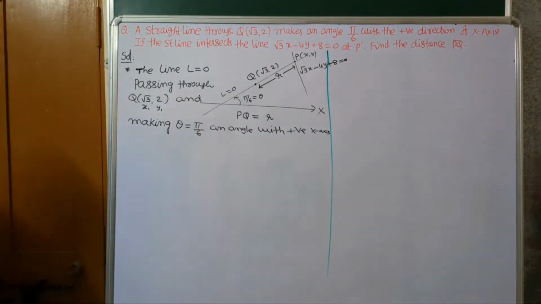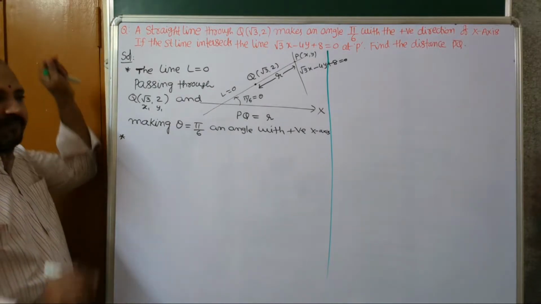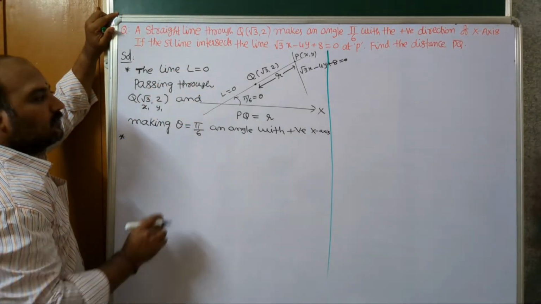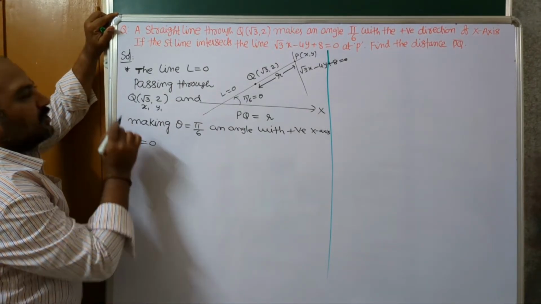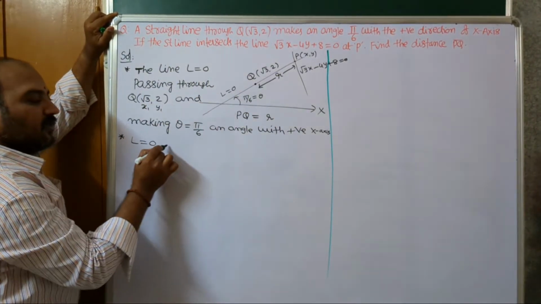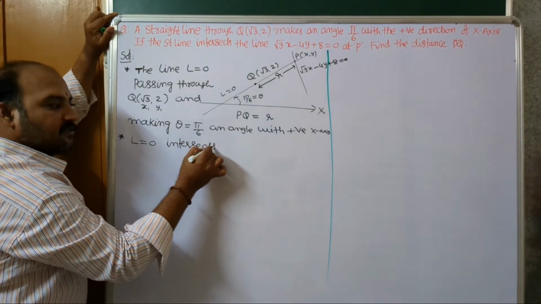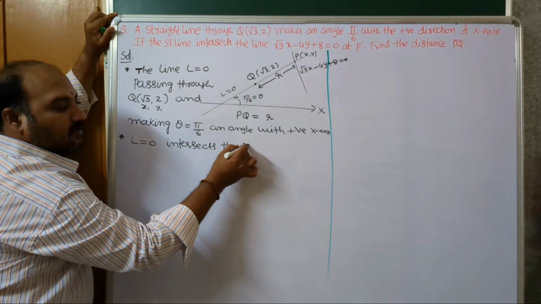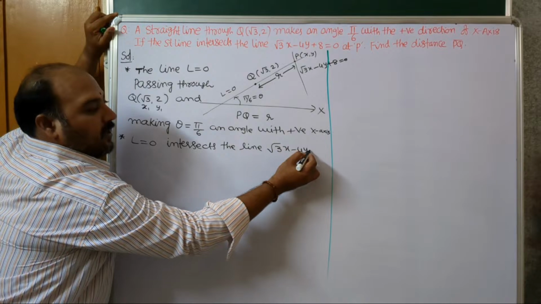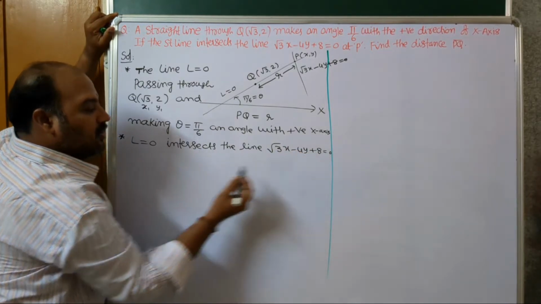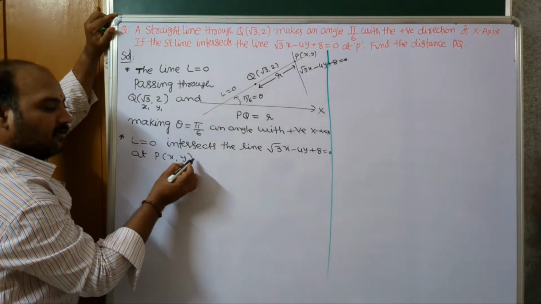This line L equal to 0 intersects the line root 3x minus 4y plus 8 equal to 0 at P of x comma y.